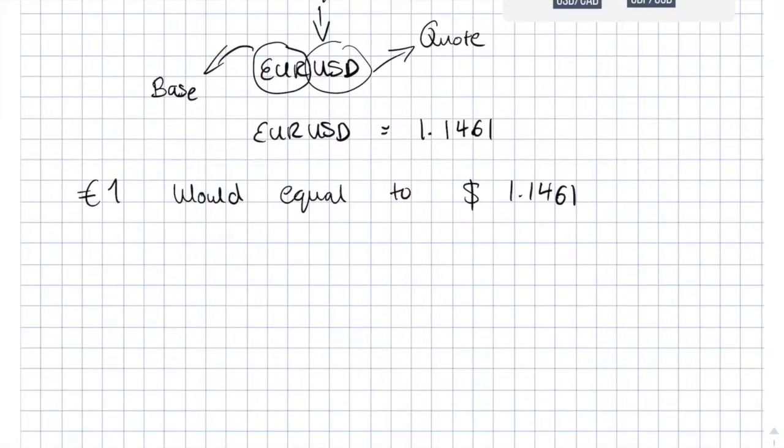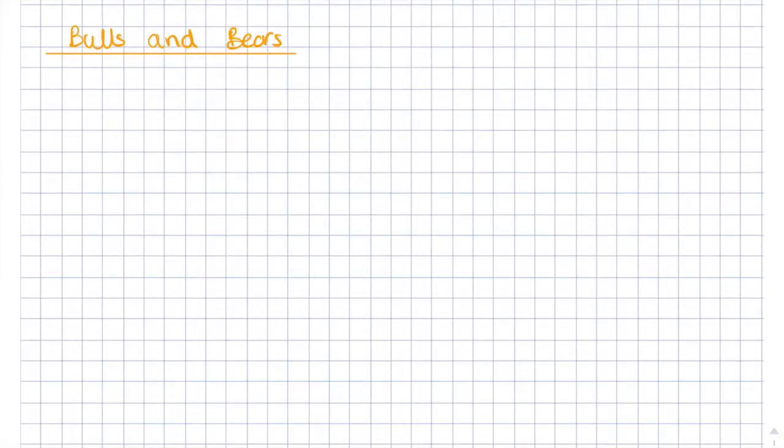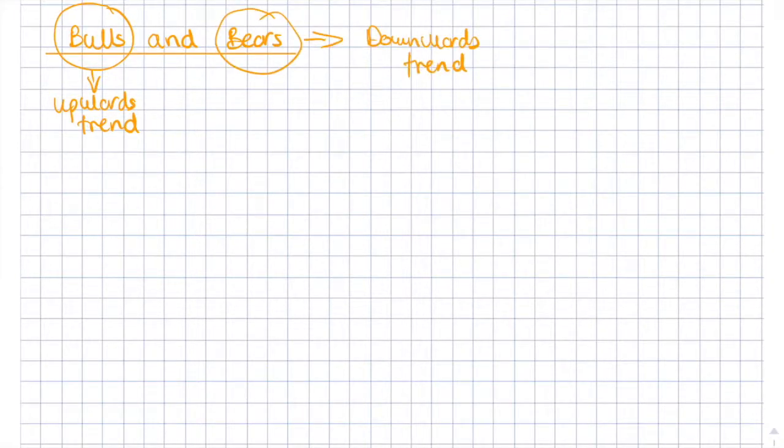So let's move on to bullish and bearish trends, so bulls and bears. A bull is what is known as an upward trend or an increase, and a bear is known as a downward trend or a decrease. So let's have a look at what a bull is.